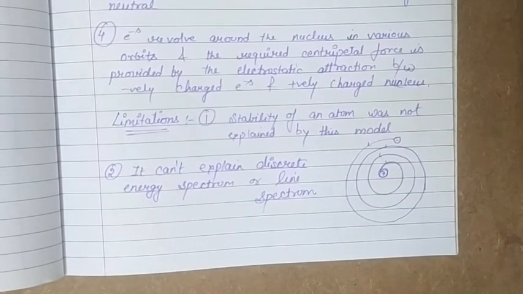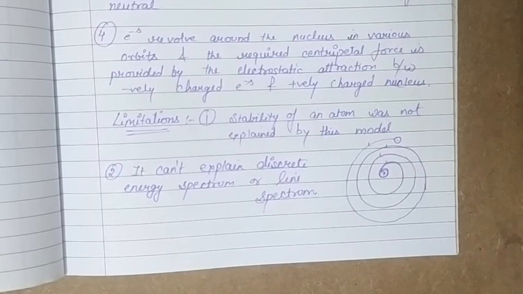But it is not happening like that. We are getting a line spectrum. That means the electron can only possess selective orbits, or it can only emit photons of fixed frequencies. So the line spectrum cannot be explained by Rutherford's model of an atom.